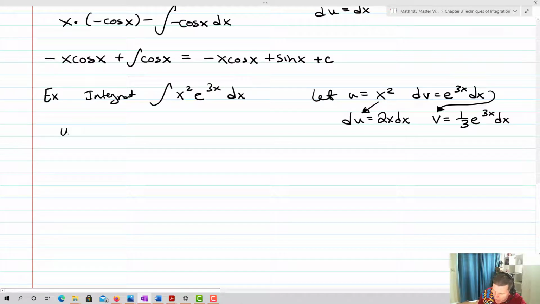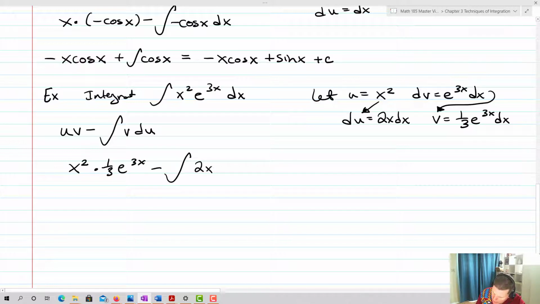So remember, my formula is uv minus the integral of v du. So that's going to be x squared times 1/3 e to the 3x minus the integral of 2x times 1/3 e to the 3x.